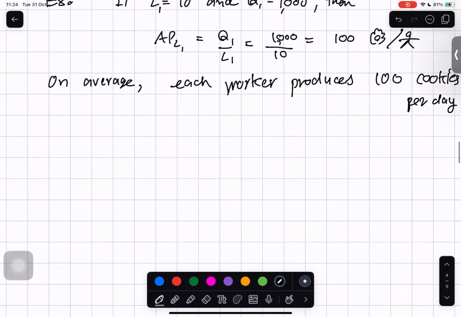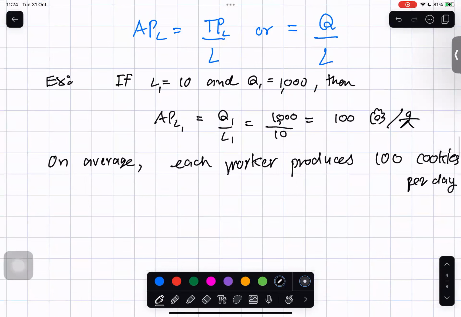So on average, each worker produces about 100 units of cookies per day. That's APL.